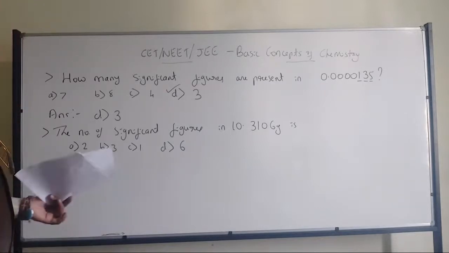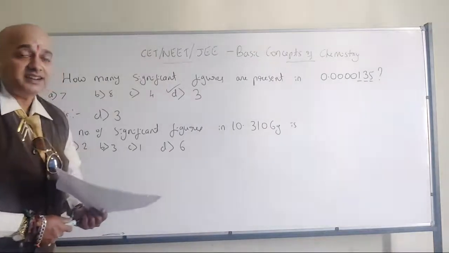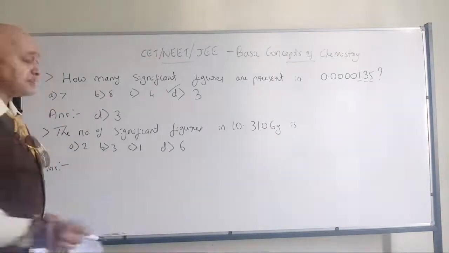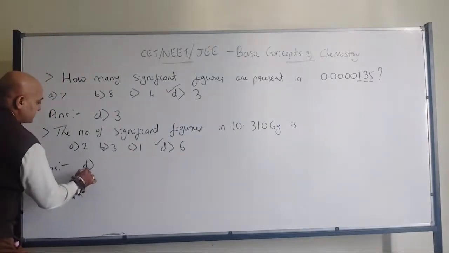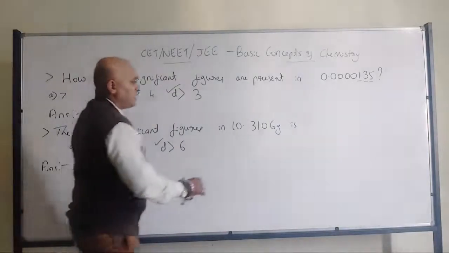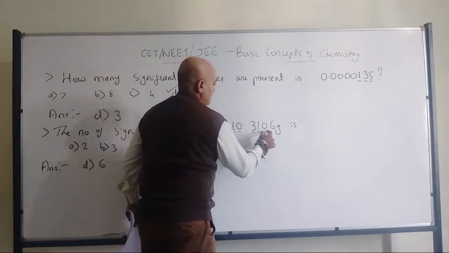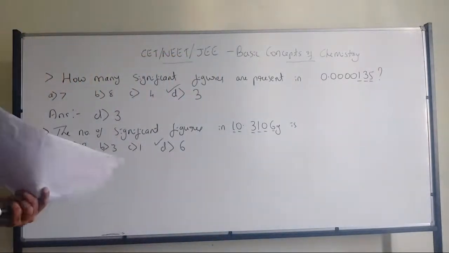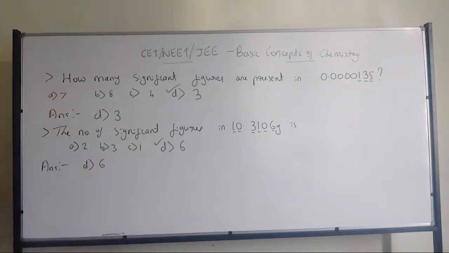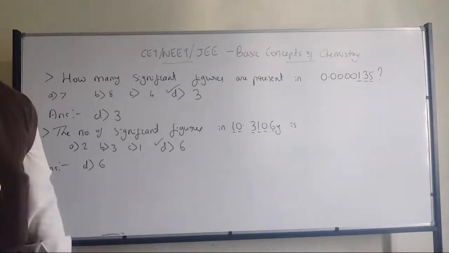Oh, okay. So we are in a democratic country, right? So we have to go with the majority. Yes. So the answer is D, because 1, 2, 3, 4, 5, 6, all of them are significant figures. Since zeros are present between the numbers, even zeros become significant figures.